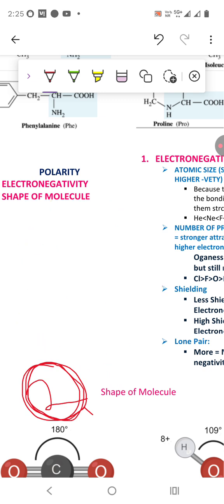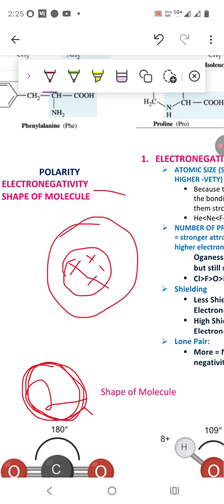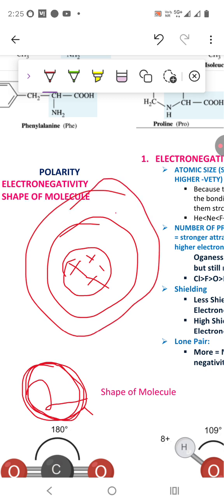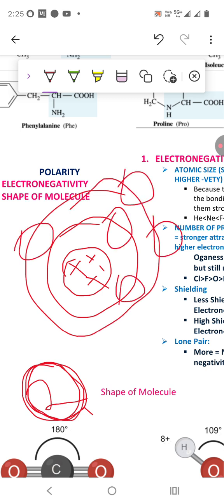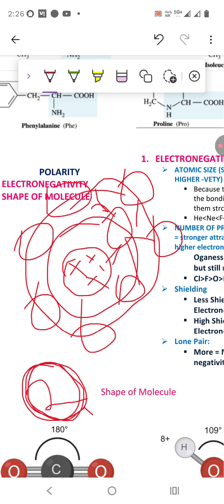Let me draw first. There is a nucleus. Protons are present. There is a first shell and a second shell. This is 1s and this is 2s and 2p. Since the innermost electrons are there, they will prevent the outermost electrons from reaching the nucleus.